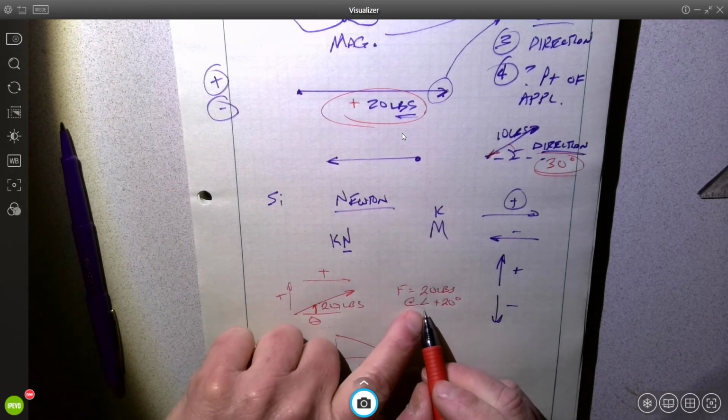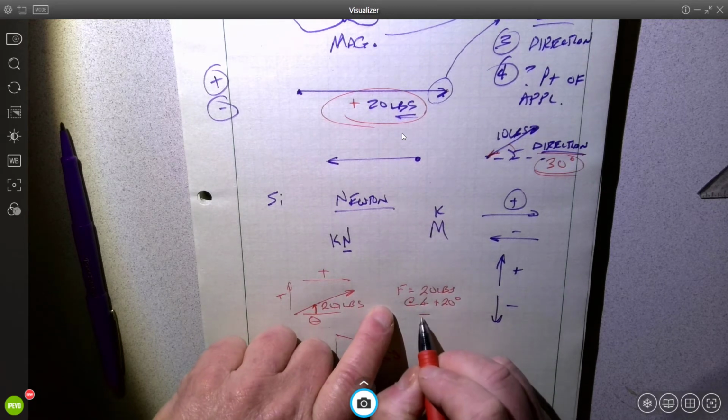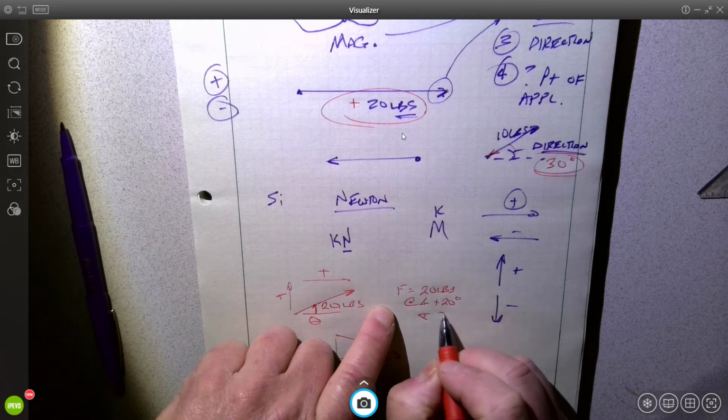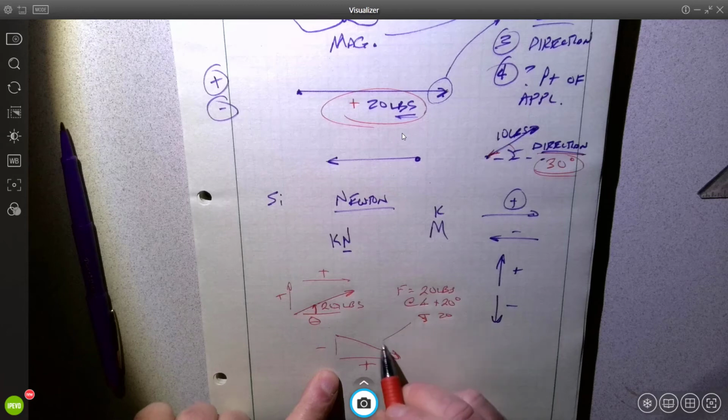This symbol also gives me that plus 20, right? Because I see it's from horizontal up to it. I could write the symbol like this. But that would position it more like that. And this one would position it more like this.